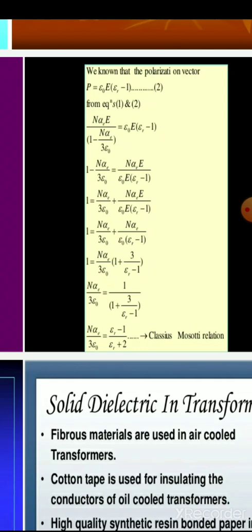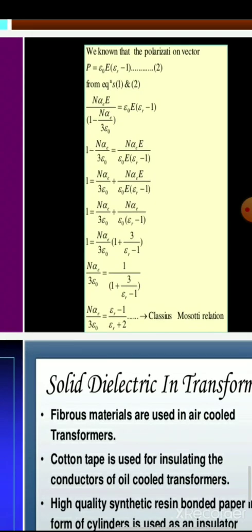So it becomes 1 minus N alpha E by 3 epsilon naught equals N alpha E by epsilon naught into epsilon r minus 1. Now bring that minus N alpha E by 3 epsilon naught to the right hand side: 1 equals N alpha E by 3 epsilon naught plus N alpha E into E by epsilon naught E into epsilon r minus 1.